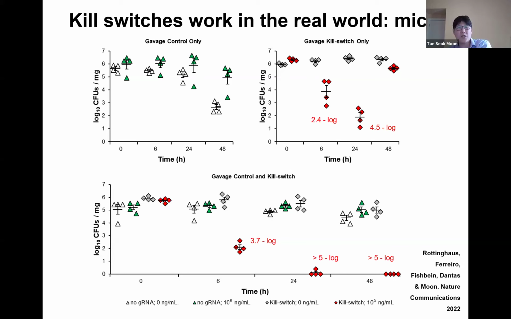Making multiple kill switches sounds trivial, but practically it's not easy because we use Cas9 to kill the bacteria and at the same time use Cas9 for genome integration like you do for genome engineering.